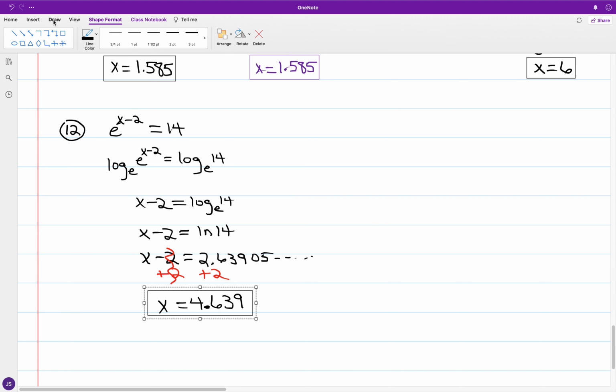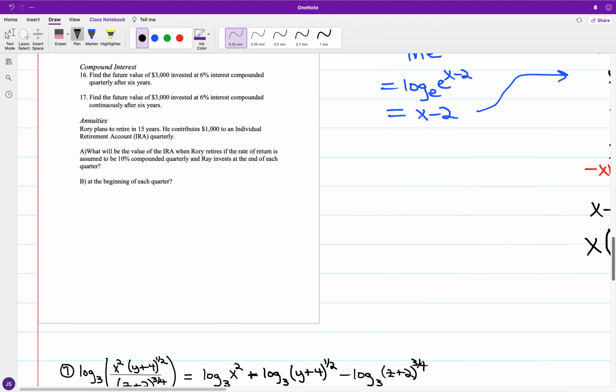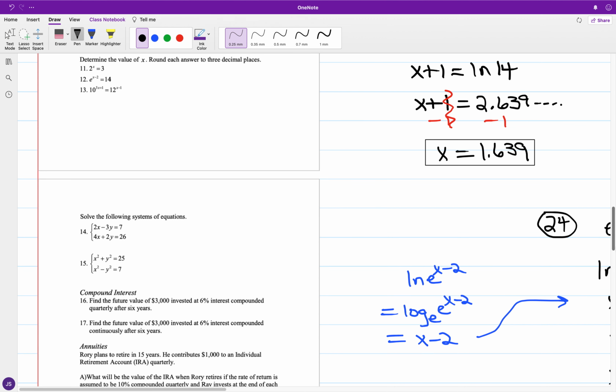Right. Now, in the case of number 13, this time we have the variable on both sides of the equation, whereupon we have 10 to the 3x plus 1 is equal to 12 to the x minus 1.